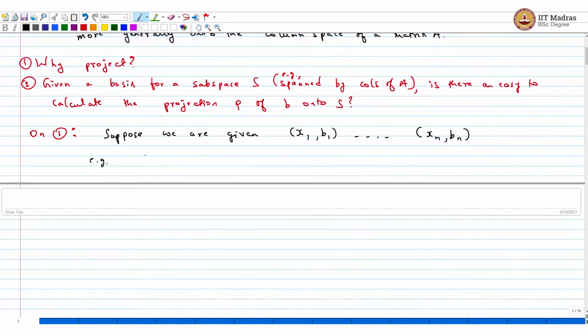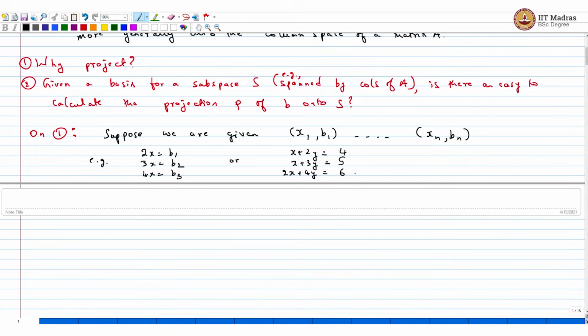For example, you could have a setup like 2x equals b1, 3x equals b2 and 4x equals b3, or something else, say x plus 2y equals 4, x plus 3y equals 5 and 2x plus 4y equals 6.